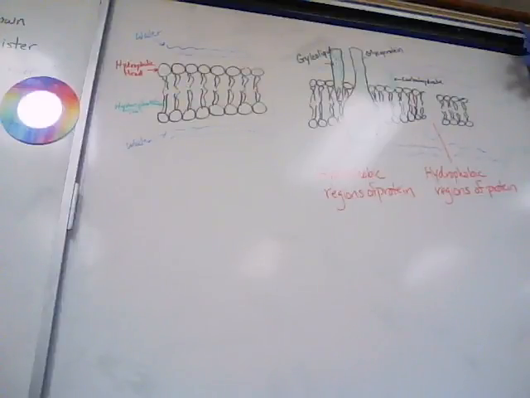Other integral proteins extend only partway into the hydrophobic core. The hydrophobic regions of an integral protein consist of one or more stretches of nonpolar amino acids, usually coiled into helices.